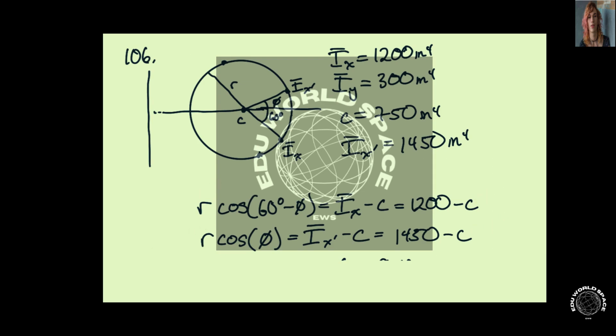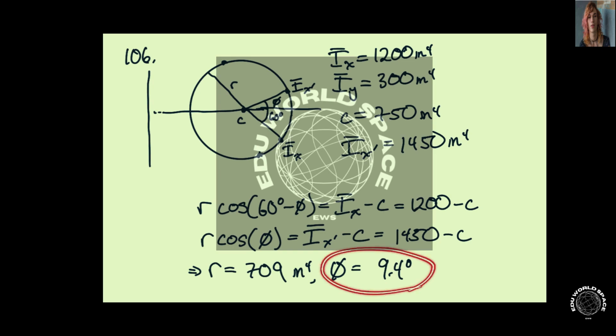But we have two equations for those, and we can solve them, and we get that r is 709 inches to the fourth, and phi is 9.4 degrees. So this is 9.4 degrees, which seems to make sense because I think I've drawn it roughly right.